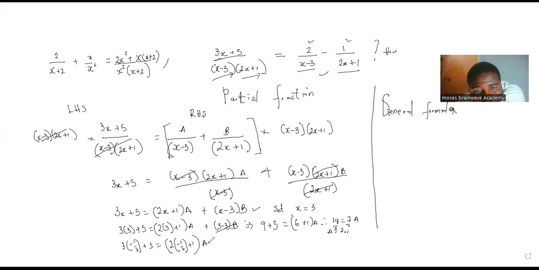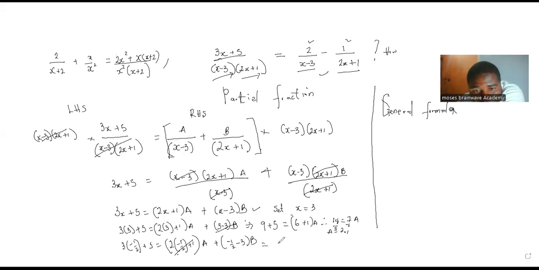Then this will be plus 2 into -1 all over 2 minus 3b. 2 multiplied by -1 is -2. -2 divided by 2 is -1, plus 1 is 0, right?